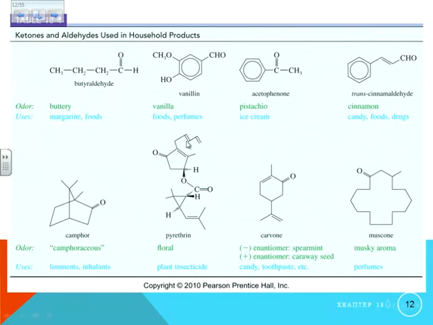Vanillin is vanilla. Acetophenone is pistachio. Trans-cinnamaldehyde. One day I'll get it. That's cinnamon. Carvone, that's your spearmint and caraway seeds. Anyway, you can go on. But a lot of your flavor enhancers have either an aldehyde or a ketone in them.